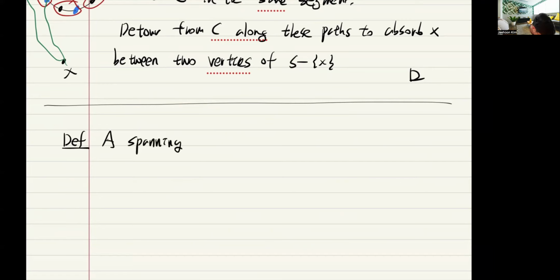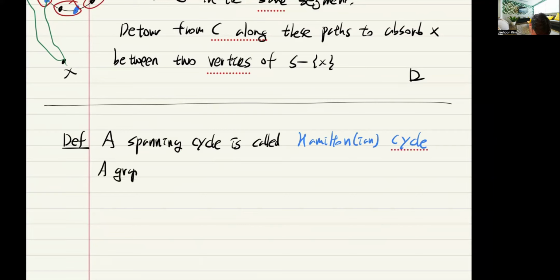A cycle of length n is a spanning cycle because it has to include every vertex. The spanning cycle we call a Hamiltonian cycle, or sometimes a Hamilton cycle. Both terminologies are accepted. And a graph is called Hamiltonian.